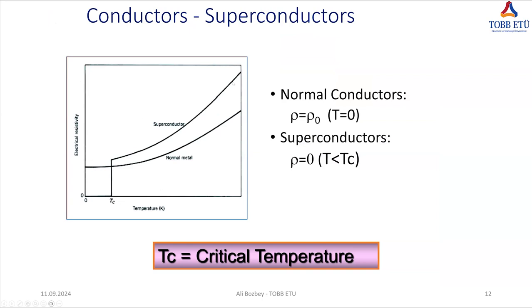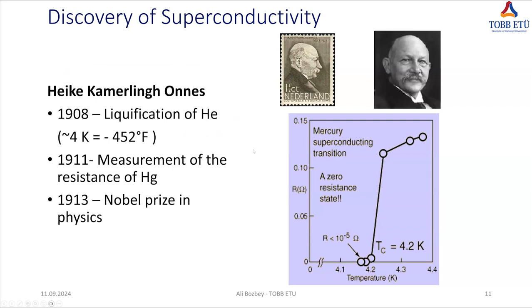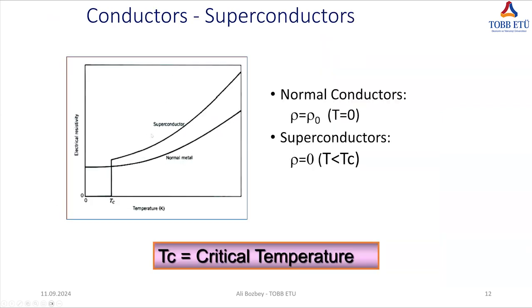And another theory was claiming that after some critical temperature, the resistance was going to go to zero. And then after the demonstration of Kamerlingh Onnes, this theory was confirmed. So at that time, everyone accepted.